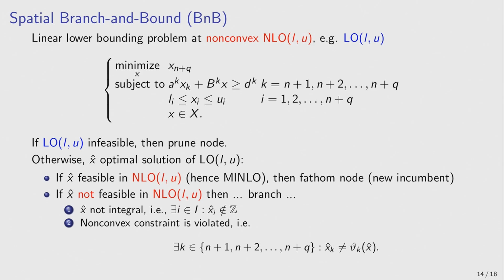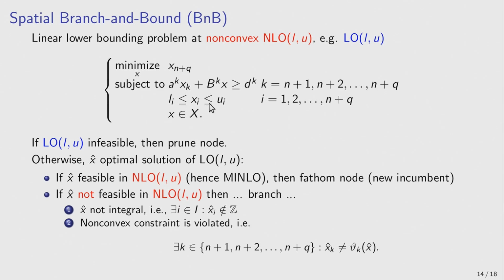Otherwise, I look at its solution, and if the solution is feasible in my nonlinear optimization problem, and hence in my mixed integer nonlinear version, then I have a new incumbent. And so whenever the solution of this polyhedral relaxation is feasible in the original nonlinear optimization problem, then it also solves the original nonlinear optimization problem because the objectives are the same.